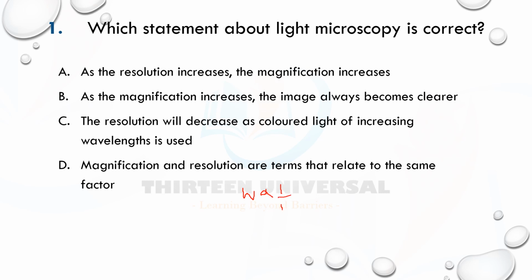Don't forget this. So the shorter the wavelength, the higher the resolution. The longer the wavelength, the lower the resolution. And that is why the light microscope's resolution is 200 nanometers. It has low resolution because it has long wavelength.